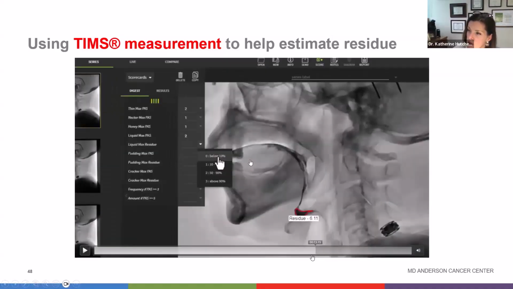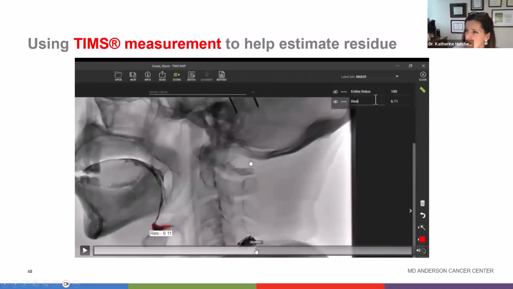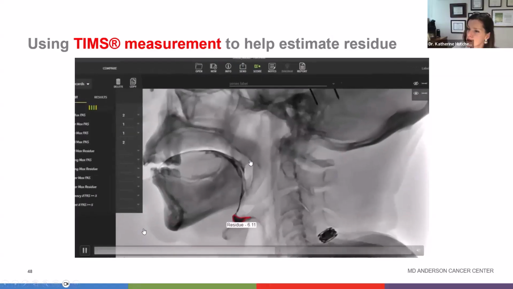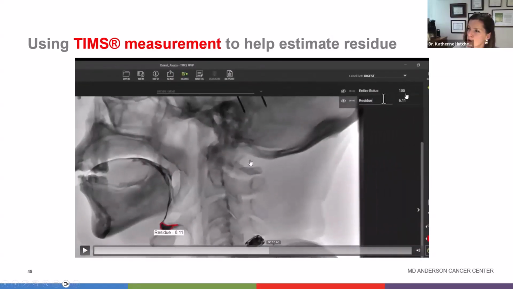and able to see, if I go back to this, I'm going to go back just a minute. What's missing from this video, sorry, is that the original full bolus was previously segmented. Segmenting means drawing a boundary around the edge of its perimeter, or delineating the boundary of that bolus. The full bolus was set to 100.